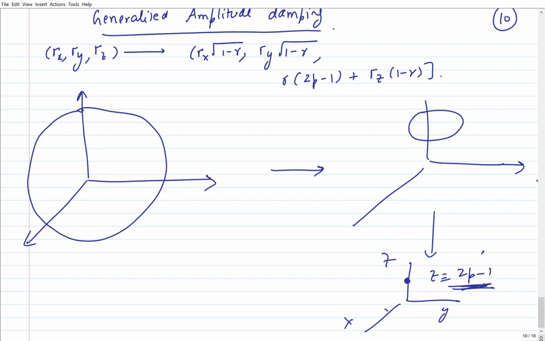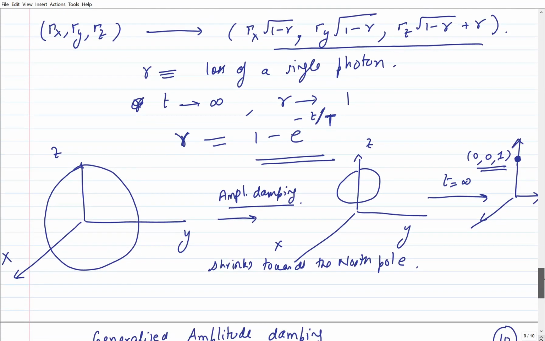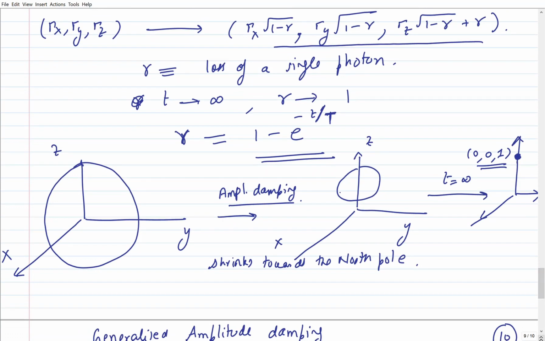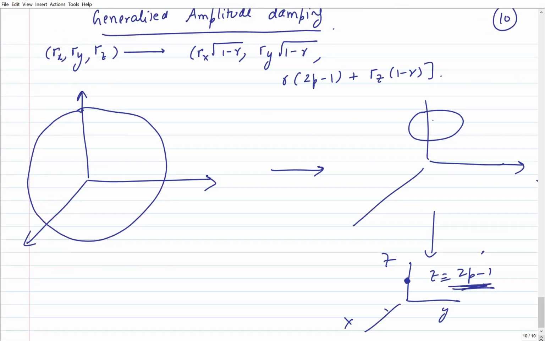So both, the amplitude damping channel is contracting about the North Pole from all directions of the Bloch sphere, finally to the ground state on the North Pole. This is contracting about a certain particular point, which is going to be here, depending upon the temperature of the environment. Remember, P was dependent upon the temperature of the environment. So that's the generalized amplitude damping channel and its action on the Bloch sphere.